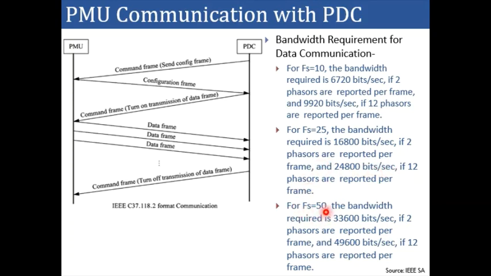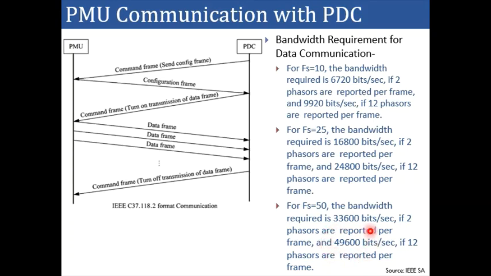Now if the data reporting rate is 50 frames per second, the bandwidth required increases to 33,600 bits per second if we are sending only 2 phasors, and 49,600 bits per second if we are sending 12 phasors per frame.